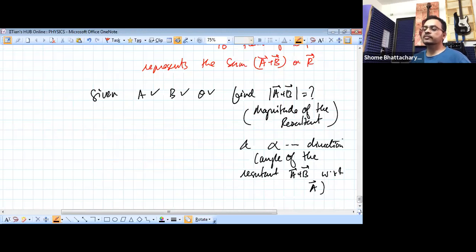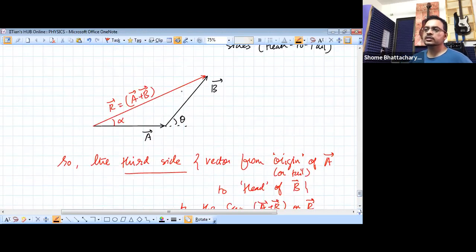When I say find a vector, I need to find both the magnitude and direction. Just finding the length of the third side is not enough. We need both, provided we know the two sides A and B and this exterior angle theta.